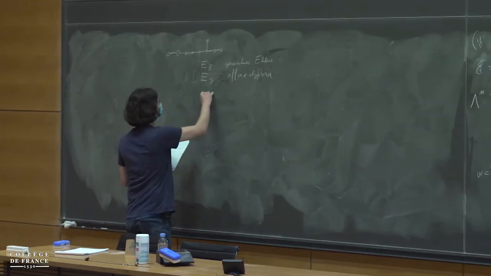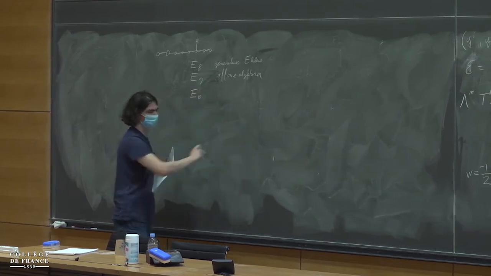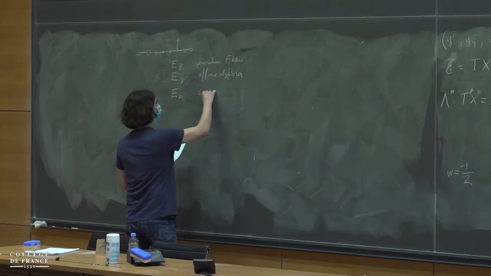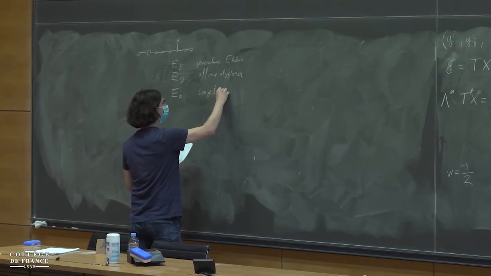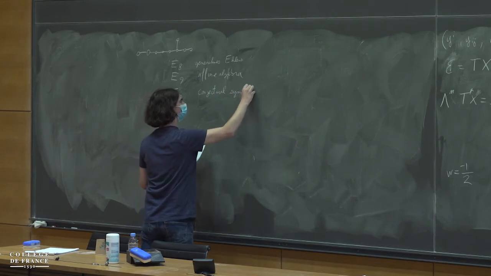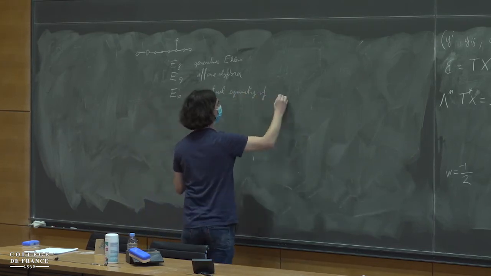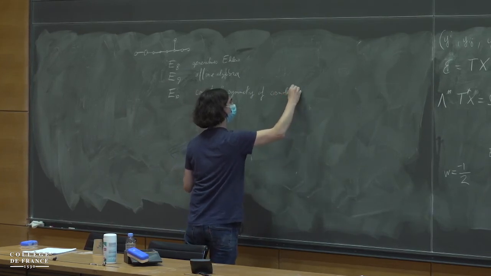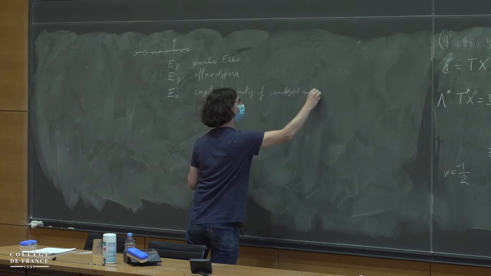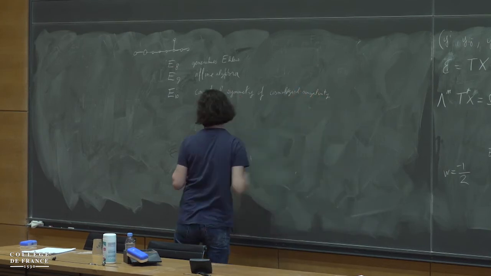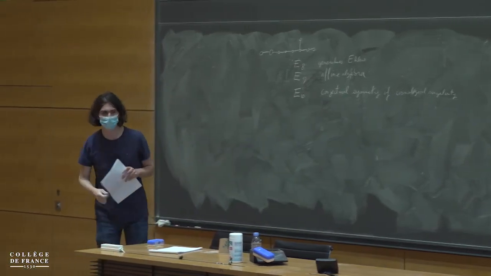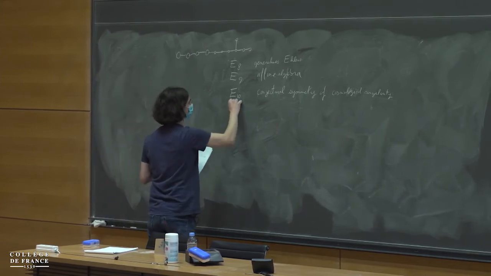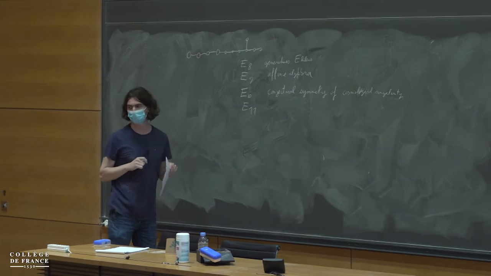And if you go one step down, this is the algebra that Marc will define for you in the following lectures, which is a conjectural symmetry near cosmological singularity. Which has nothing to do then with the torus a priori. And if you go one step again, you get to 11, which is the one I want to talk about today.